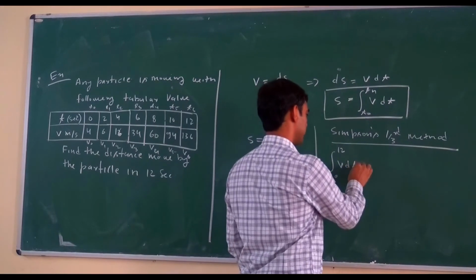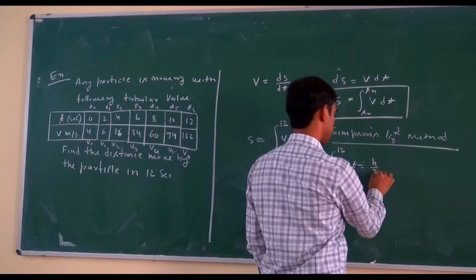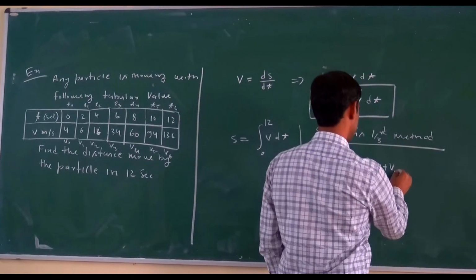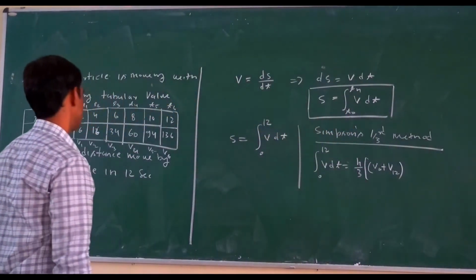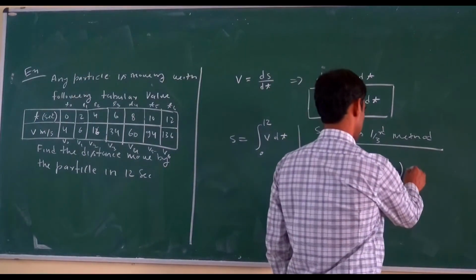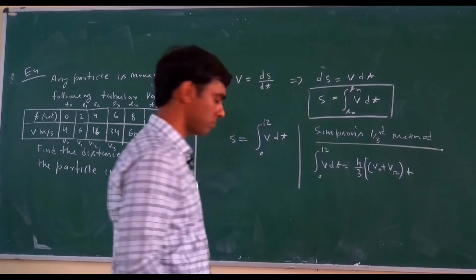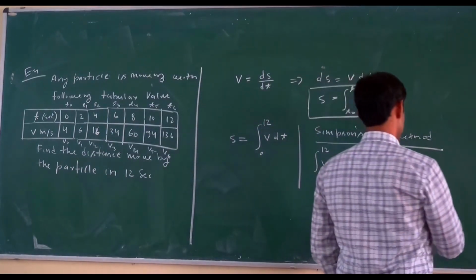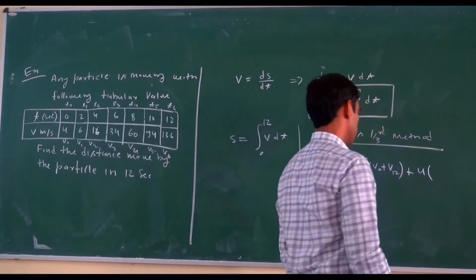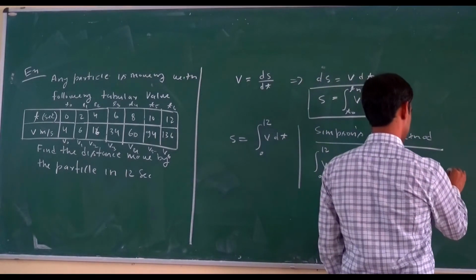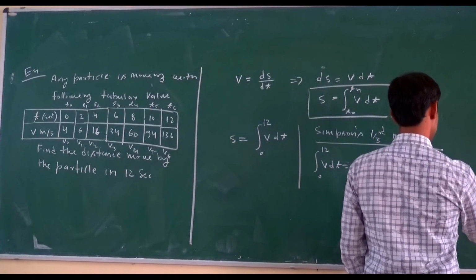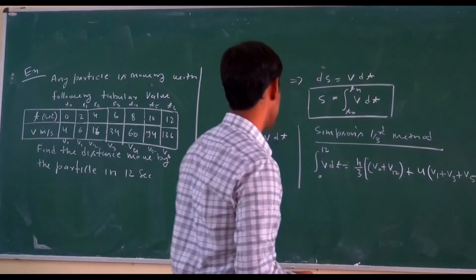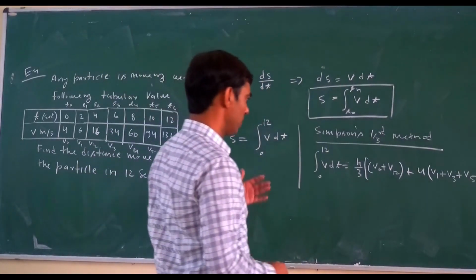So the integral of V dt equals h by 3 times the velocity at the initial value plus the velocity at the last value, V0 plus V12, plus 4 times of V1 plus V3 plus V5. But this one is not in 12 parts, it is in 6 parts.